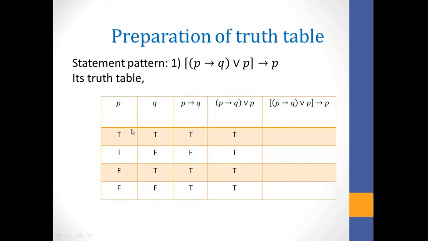T implies T is T. T implies T, again the same, T. Then T implies F. T implies F is F. And again the same, T implies F is F. So the last column is completed with all these truth values. So the truth table for this statement pattern is completed. Now we will discuss another example.